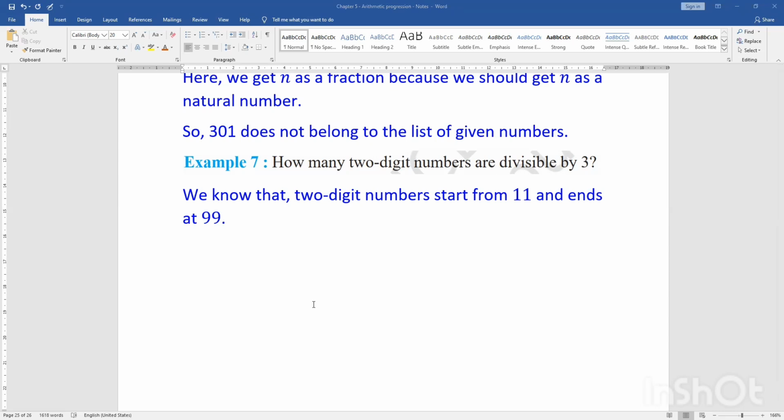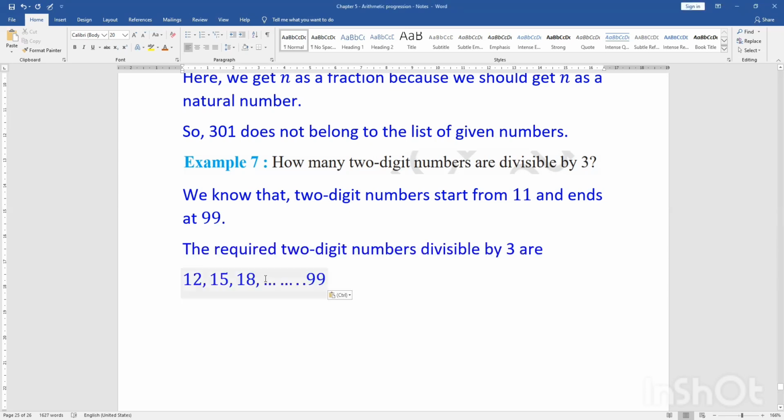So the required two-digit numbers divisible by 3 start from 12, right? So 12, 15, 18, like this, and so on, to the last number, which would be 99, because 99 is 3 times 33.